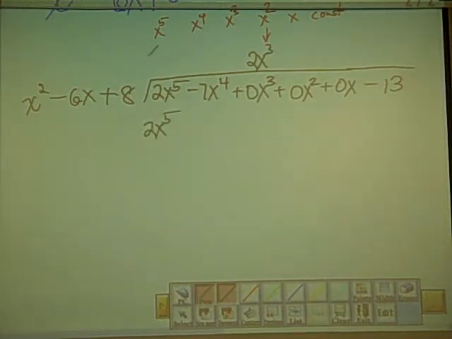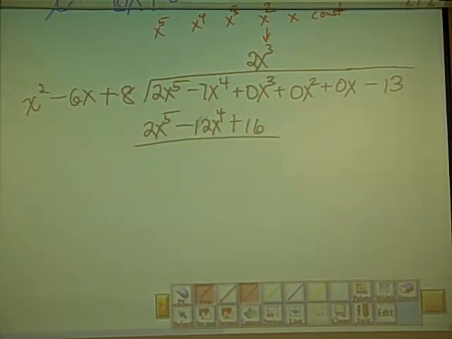But I have to keep going, and multiply 2x cubed times a negative 6x. So 2 times 6, that'll be a minus 12x to the 4th, and 2x cubed times 8, that'll be a plus 16x cubed. And just like working with numbers, for the second row we have to subtract, so we change the signs of everything in that second row.